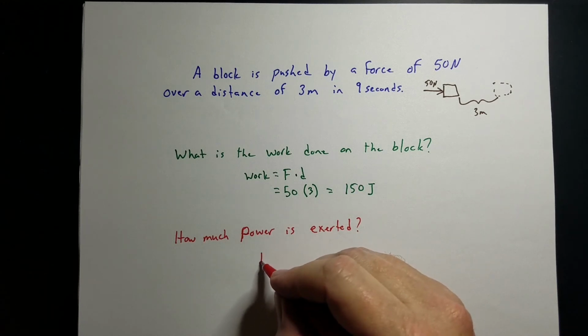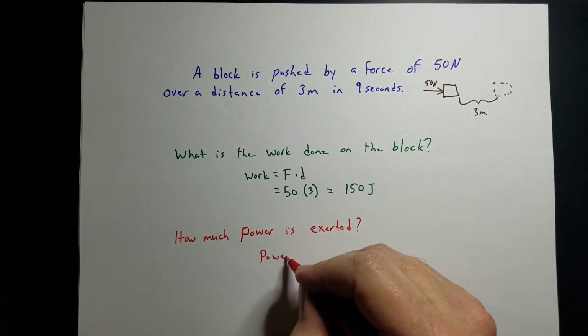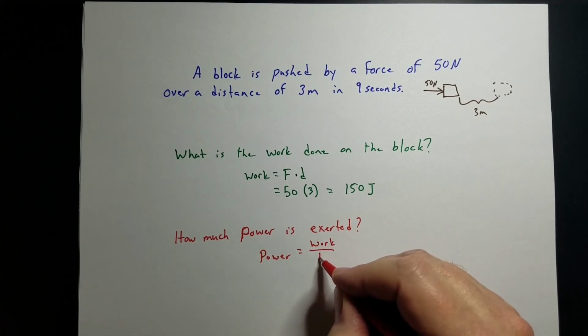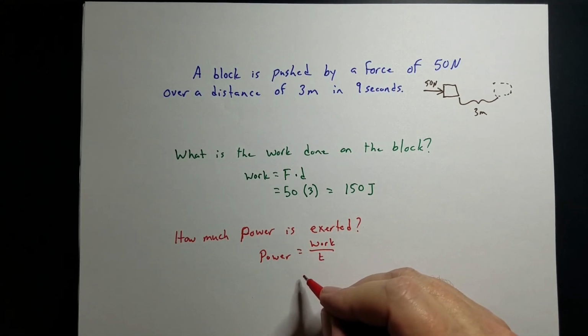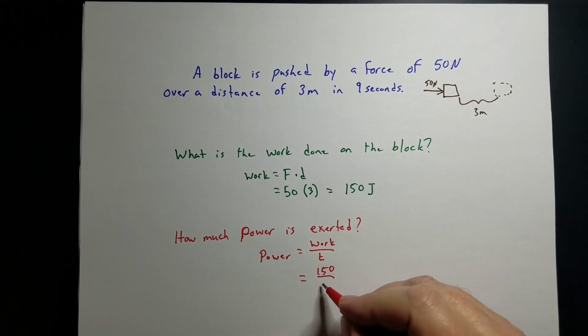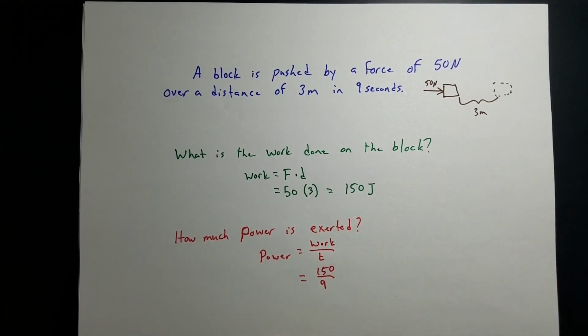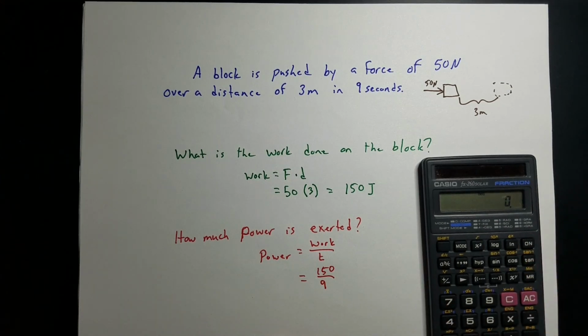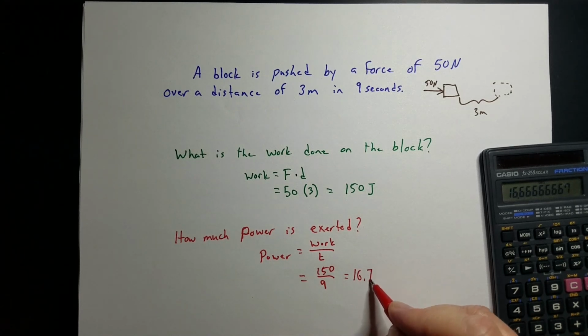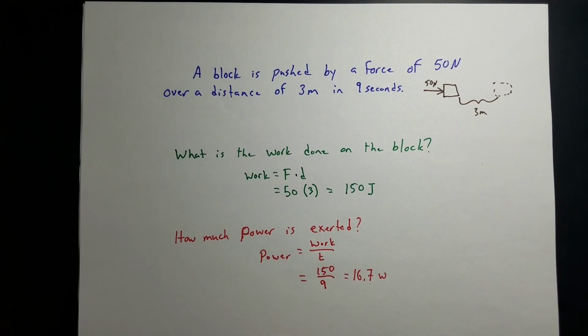So to figure out the power, we're going to take work and divide by the time. So in this case, we've got 150 joules of work done in a time of 9 seconds. So 150 divided by 9 gives us 16.7 watts of power was exerted to move that block.